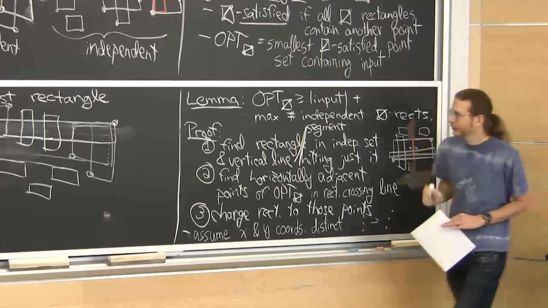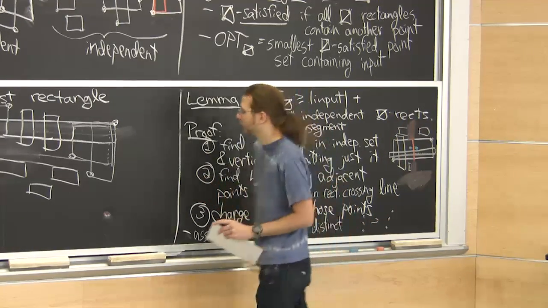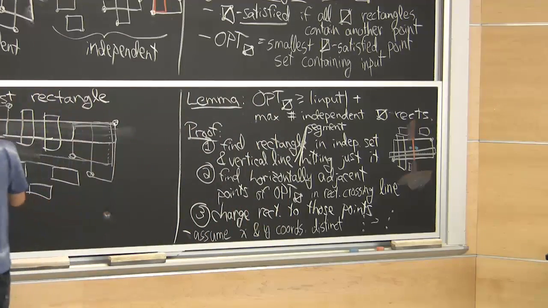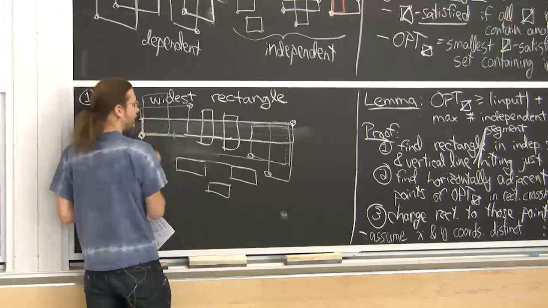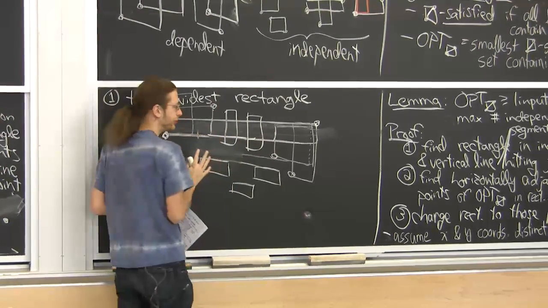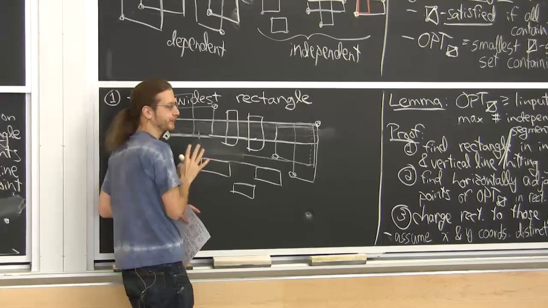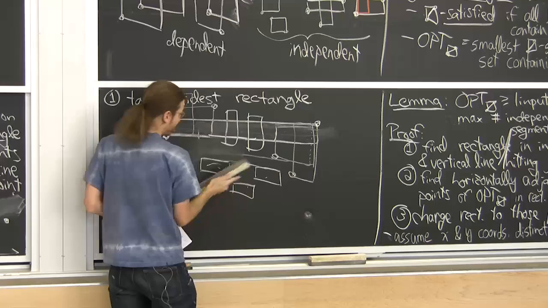Okay, we'll see why this is enough in a moment. Sorry about that. Okay, so what I really only care about is the interior of this rectangle. I'm trying to get a vertical line that only stabs this rectangle, nothing else, inside the rectangle.